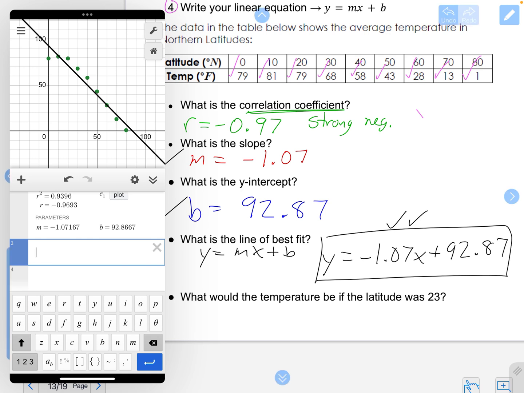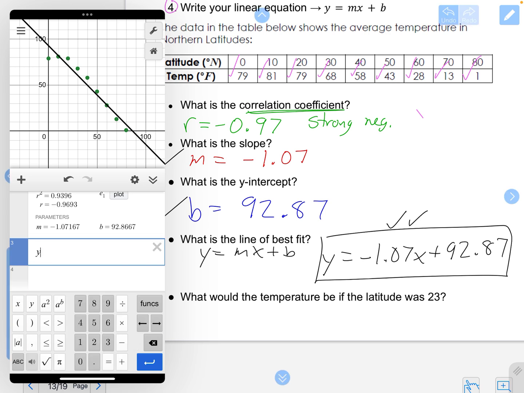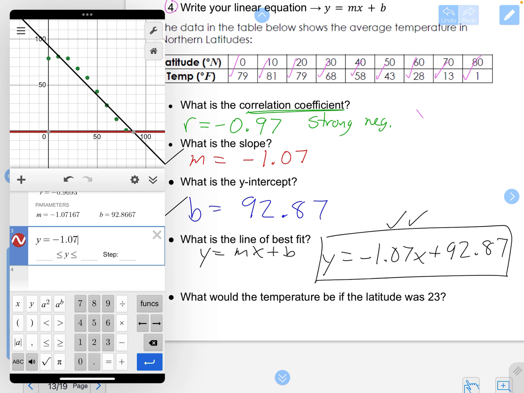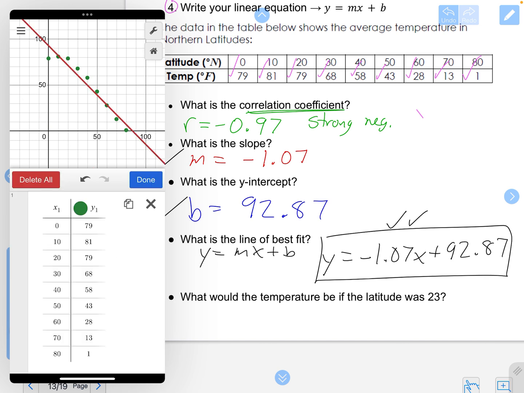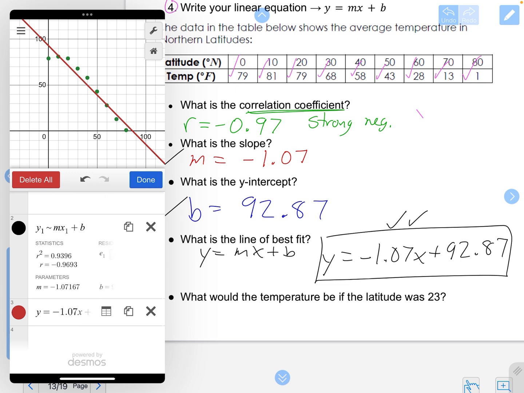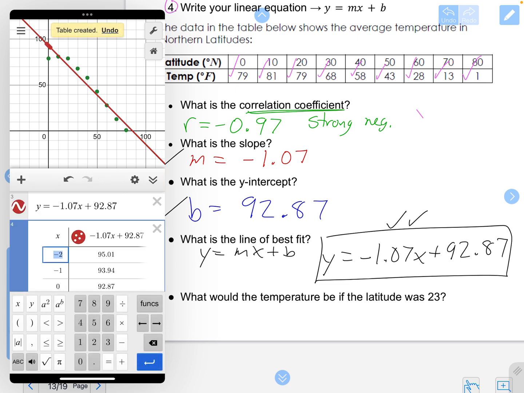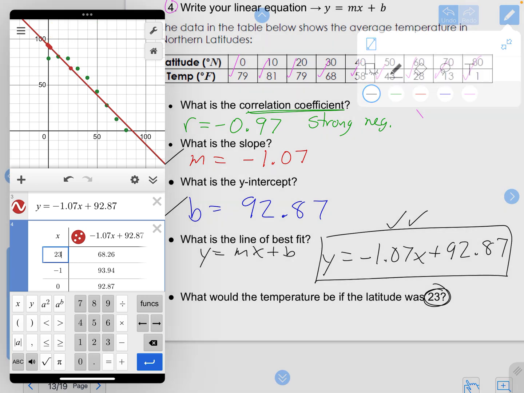So what we're going to do when they ask us to predict is type in our line of best fit. y equals negative 1.07x plus 92.87. Then we're going to hit our settings wheel, and we're going to find our equation, and we're going to press our table button. And then we're going to type in the number they give us. So we're going to type in 23.